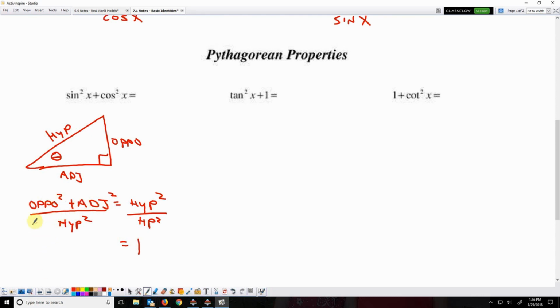The left side I'm going to split up into two fractions: opposite squared over hypotenuse squared plus adjacent squared over hypotenuse squared. I just took this fraction where they're both over hypotenuse squared and split them up so opposite and adjacent squared are separate, both over hypotenuse squared.